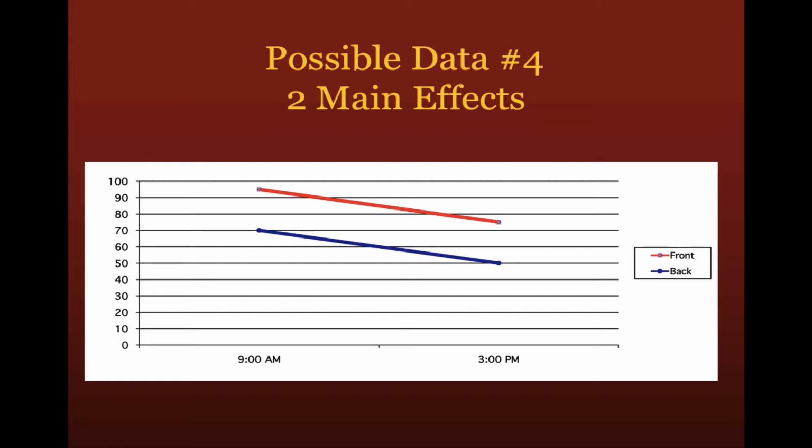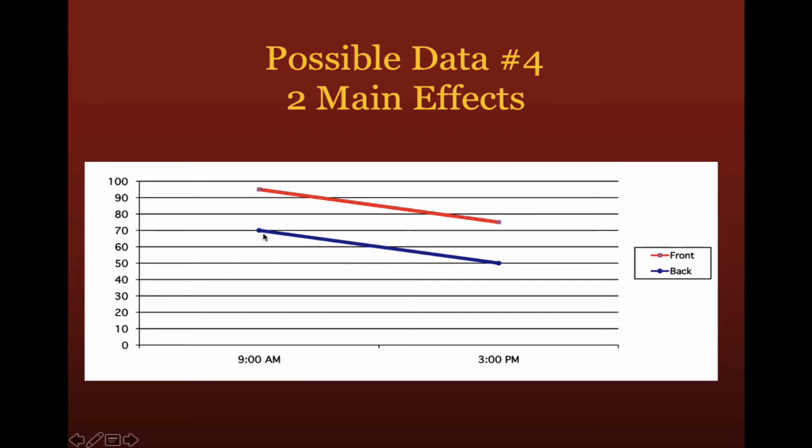So don't move forward until you've at least attempted to graph this. So hopefully your graph looks something like this if you did a line graph. So if you look carefully, what you can see here is that the average of our fronts, right? So the 9 a.m. in the front is at 95. The 3 p.m. in the front is at, I guess that's 75. Yes. So that means the average of those is 85, right?